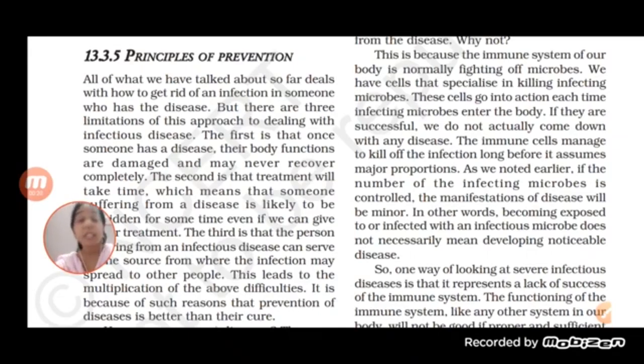So, let me tell you again the principles that we have seen. The first one is that we can reduce or stop the effect of the disease. And how can we reduce or stop the symptoms of the disease, like fever or pain?